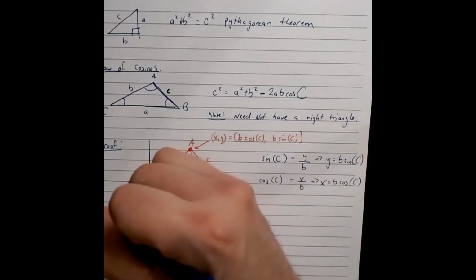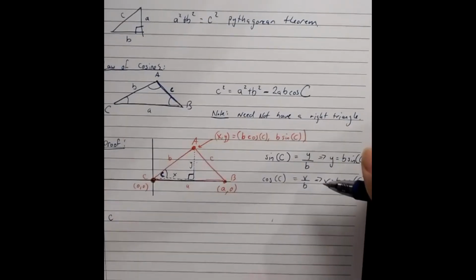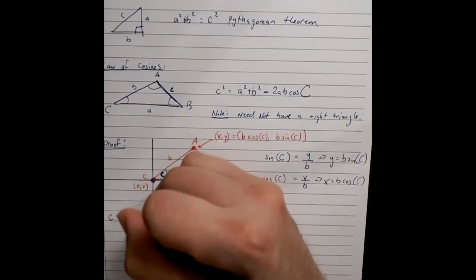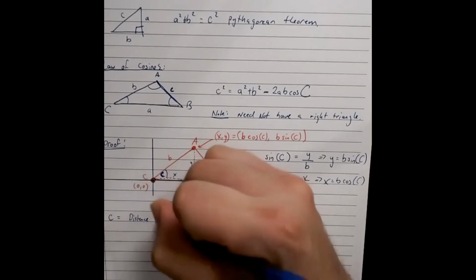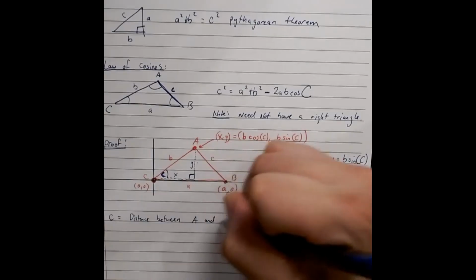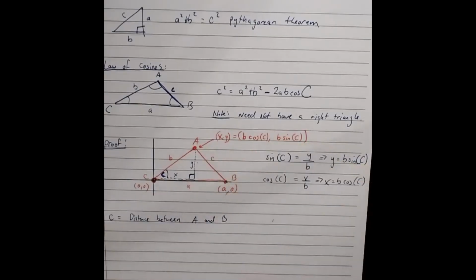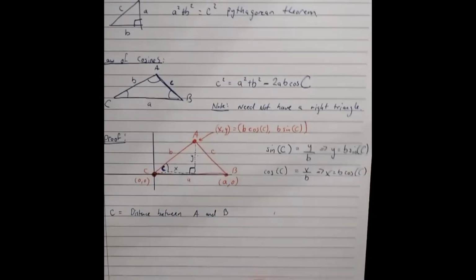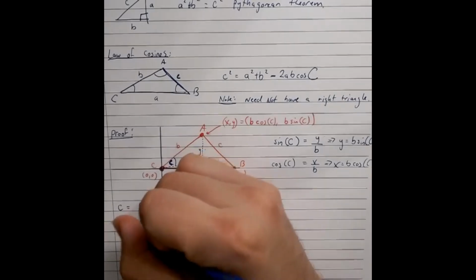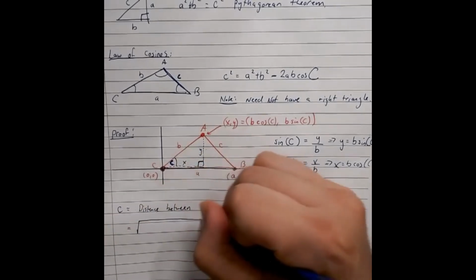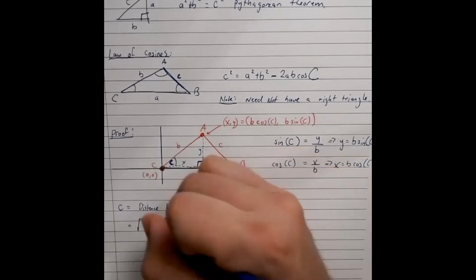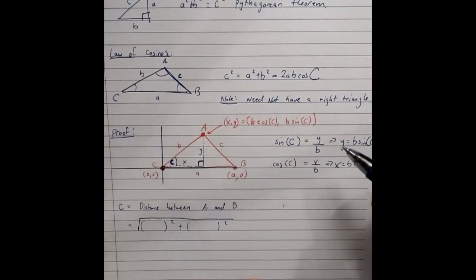So here, let's see what the length of C is. Well, the length of C is equal to the distance between A and B. Oh, but thinking back to college algebra, we have a formula for the distance between A and B. That is the square root of the sum of the squares of the differences of the components of those two points.